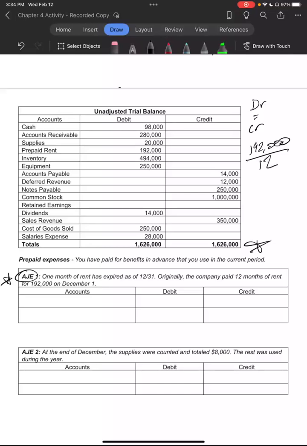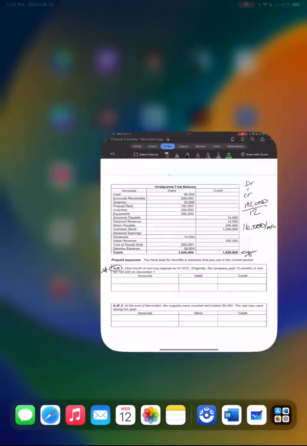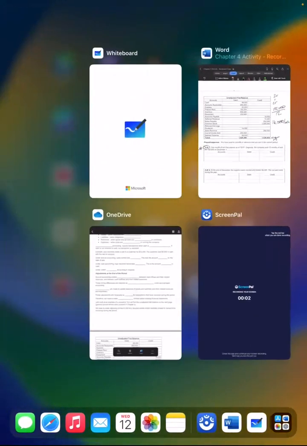So that 192 divided by 12 is going to be 16,000. So each month, we need to recognize $16,000 worth of rent expense. And the reason why that is because here we created this prepaid rent T account, right? And we put 192,000 in it.